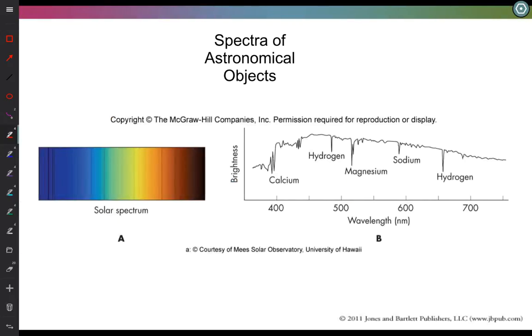Here is the sun's actual spectrum. I think this is the sun, yeah. So the sun's actual spectrum. The pictures I showed you before had nice, smooth curves, but it's not like that. Here we can see it's not close to that idealized form.